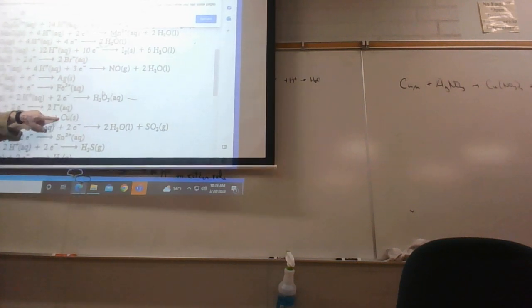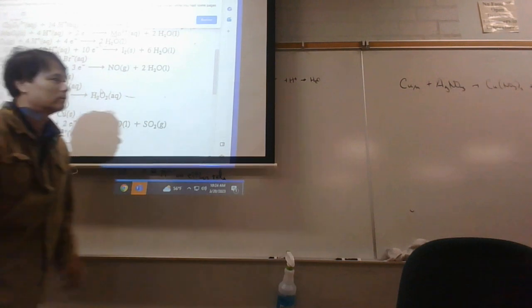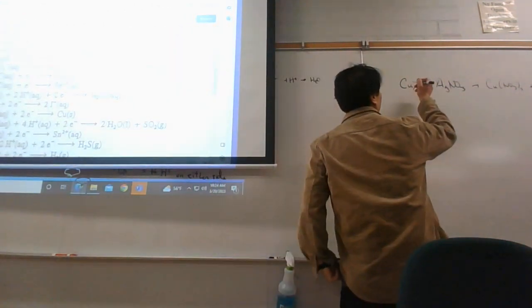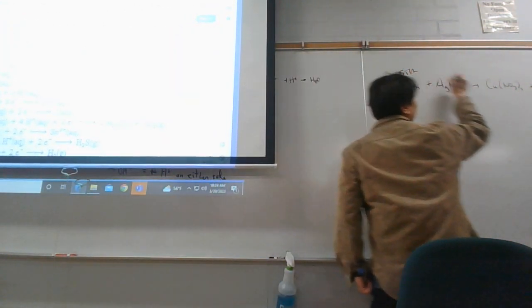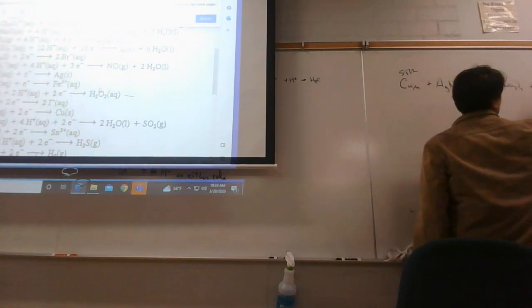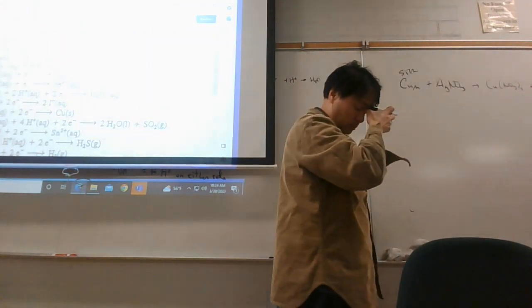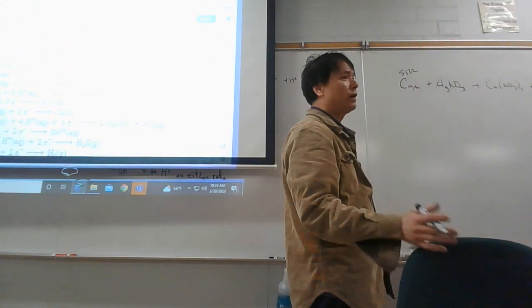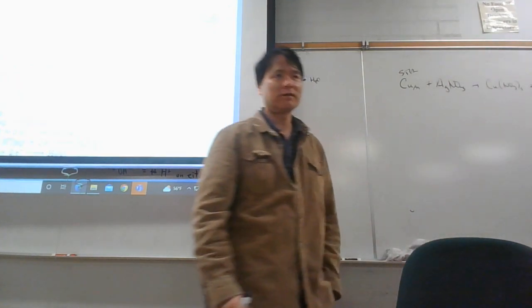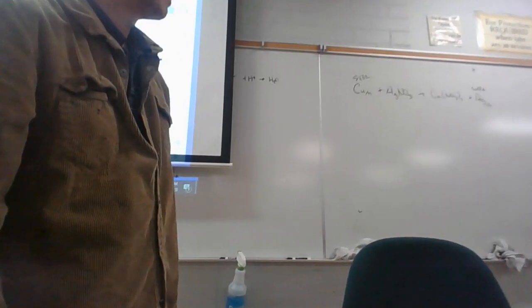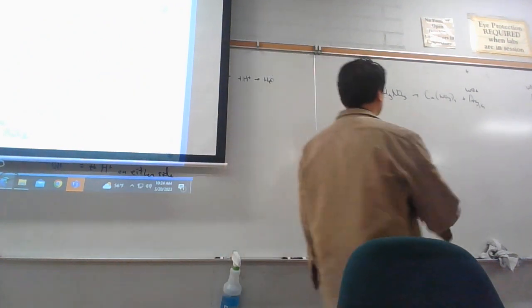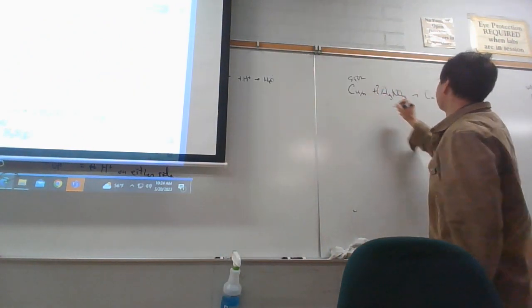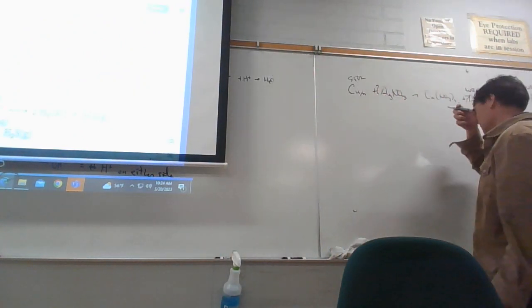Which one's more active? Copper. And so copper is a stronger reducing agent, and this is a weaker reducing agent. We have 2 activities. We have activity as a reducer and activity as an oxidizer. And so here we have reaction. And so we'll need 2 silver nitrates, and this is going to form 2 silvers.